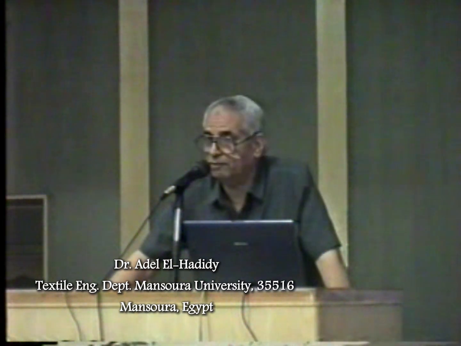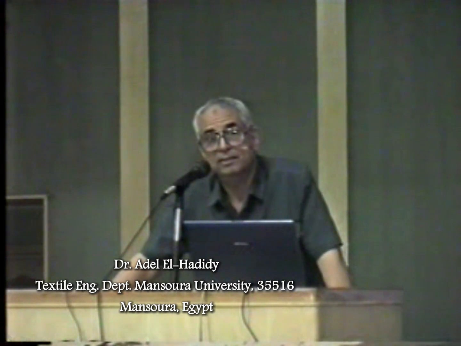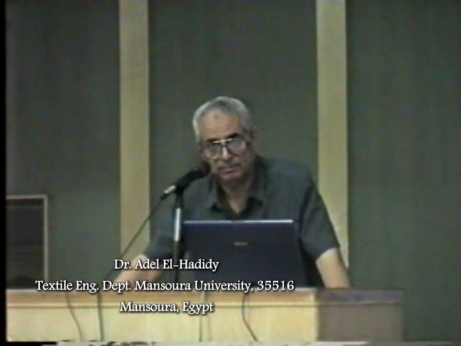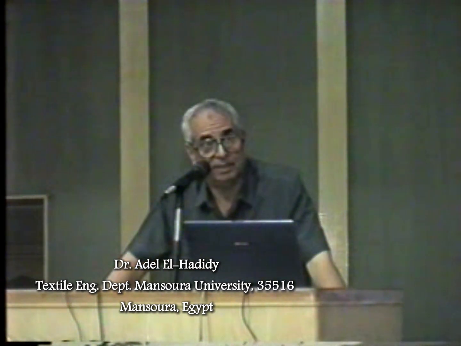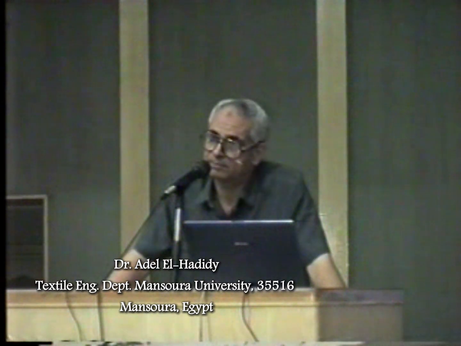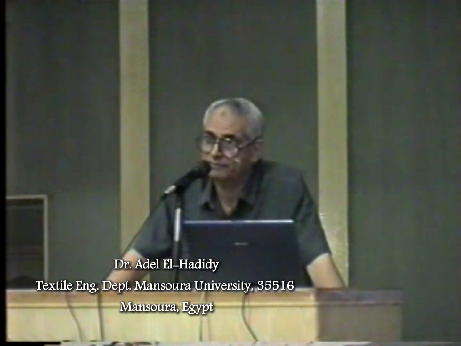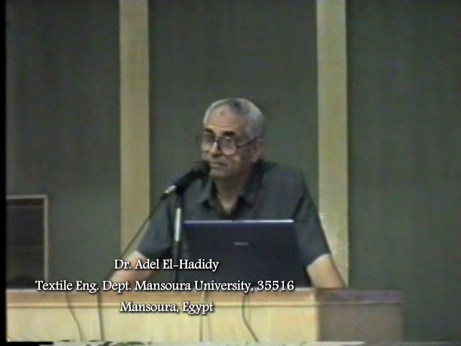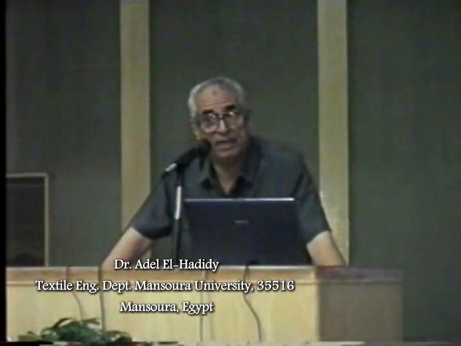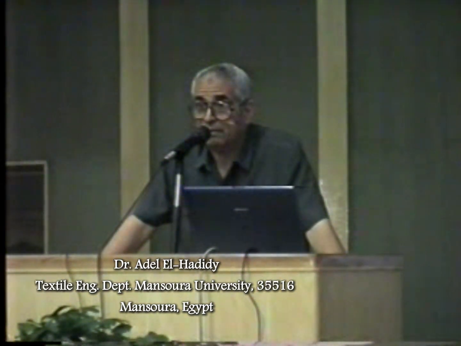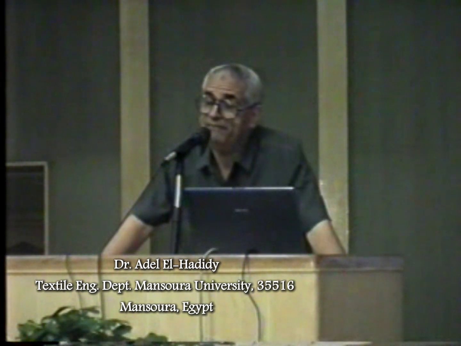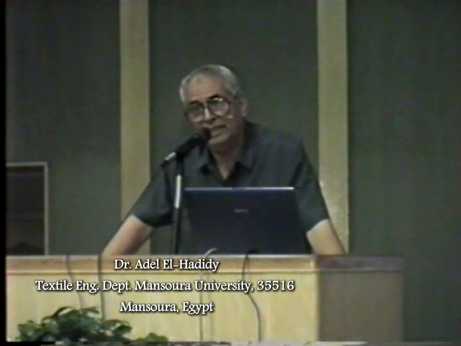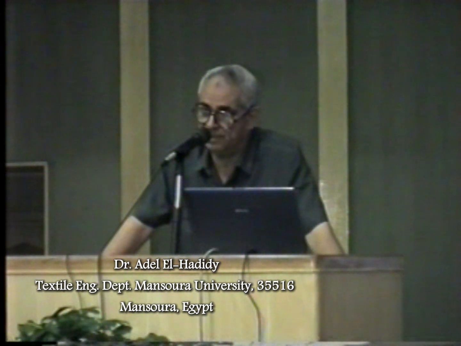By making use of this table, it is very difficult to answer a very important question. What is the best type of these fibers? Is this Giza 45? Is this Giza 87? The answer is difficult because every one of these properties has an engineering unit different from the others.